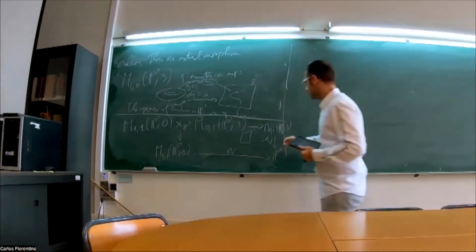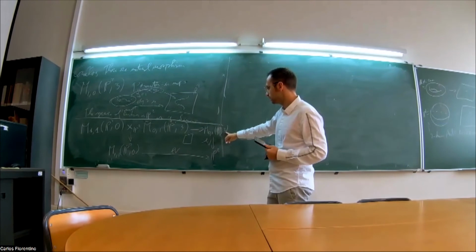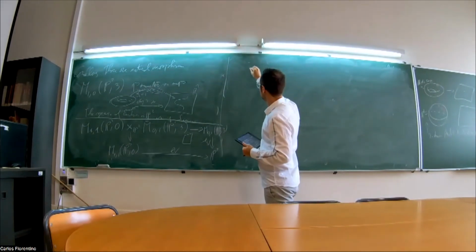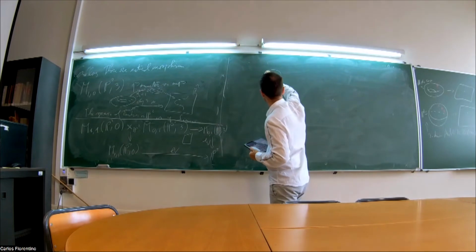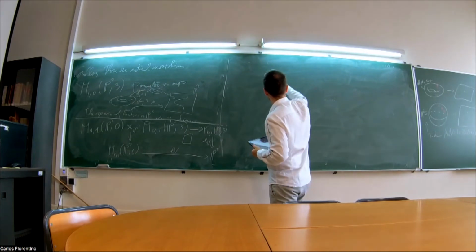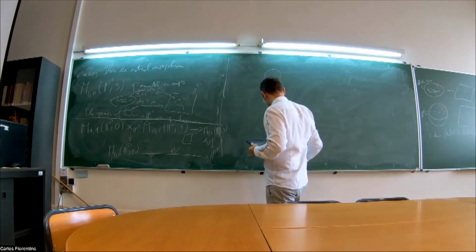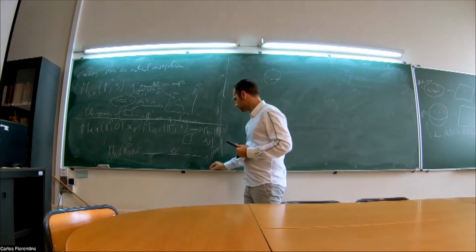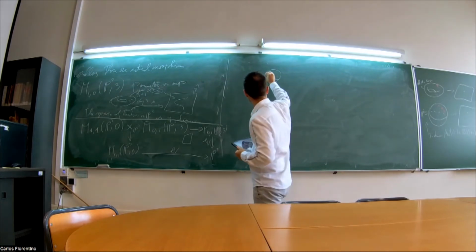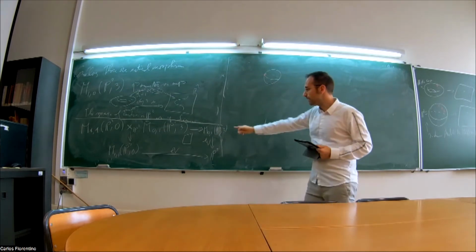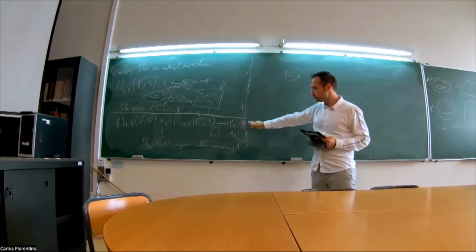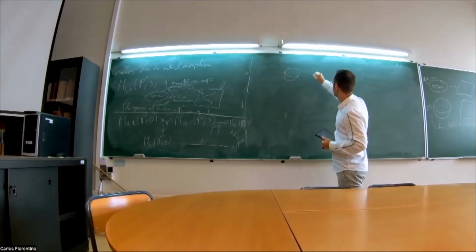So take this space, that is the space of maps with genus 0 and one marked point, mapped to P2 with degree 3.